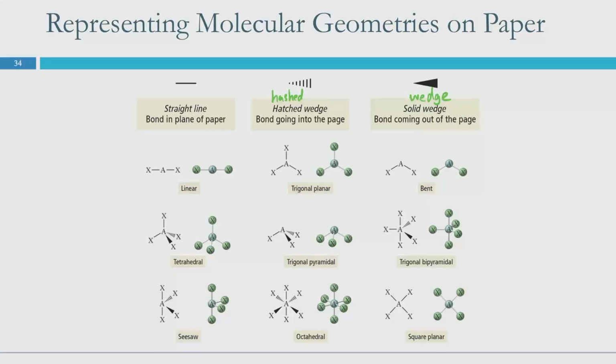And then the solid wedges are coming out of the board towards you. Instead of these lines, you might sometimes see an empty or unfilled wedge. That's typically what I did to represent molecular geometries, because I didn't like drawing all of the little lines and trying to get the spacing right so that it actually looks like a wedge. So you can also do that.